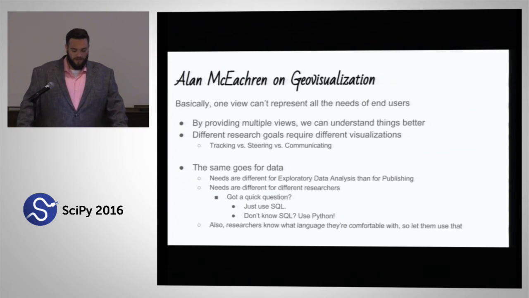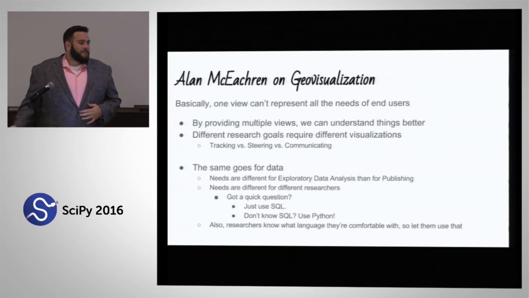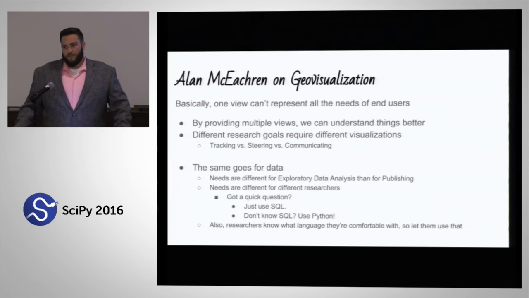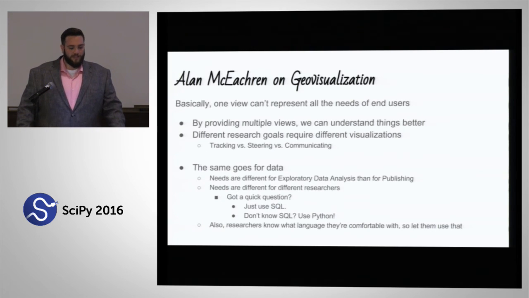If you have an exploratory data analysis problem, you're going to use different methods of interacting with your data than if you're trying to publish it. So our whole Python, JavaScript, everything mashed up together scenario just lets whoever is working with the data interact with it how they want, in the easiest way for them.